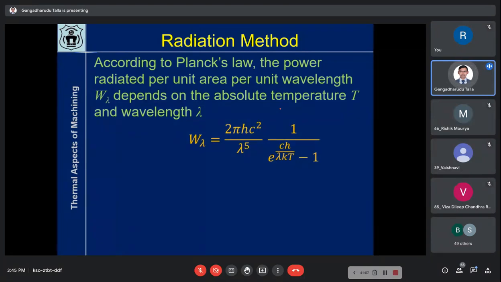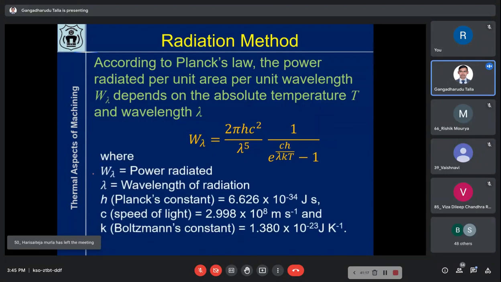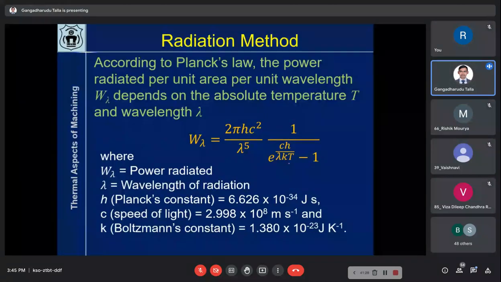So based on that, W lambda is equal to 2 pi h c square by lambda power 5 into this. Okay, this is the equation. Now W lambda is power radiated, lambda wavelength of the radiation, h Planck constant, c, k, etc. So you have to find T.